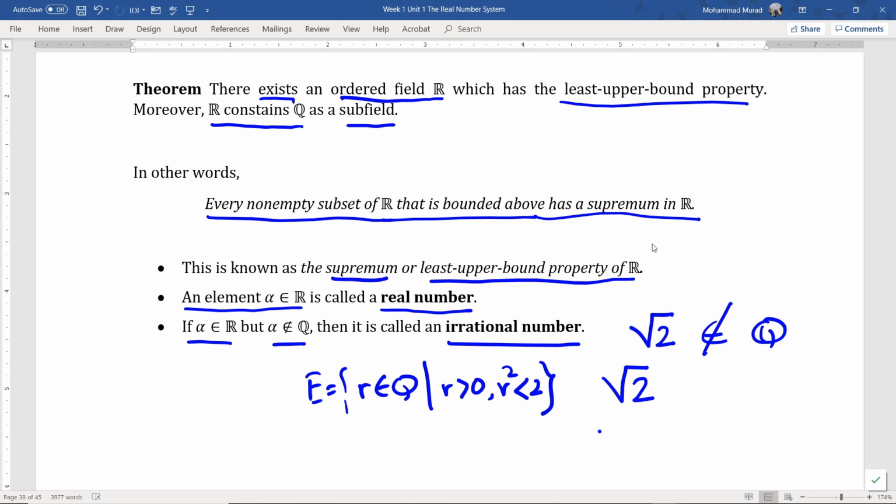So this number is the supremum of the set, which doesn't exist in Q but exists in the new field R. So this number is called an irrational number. Now we have the formal definition of an irrational number. Any element in R that is not in Q is called an irrational number.